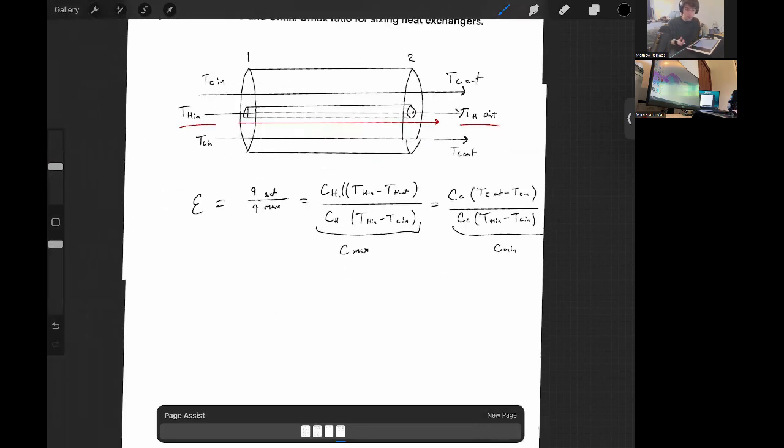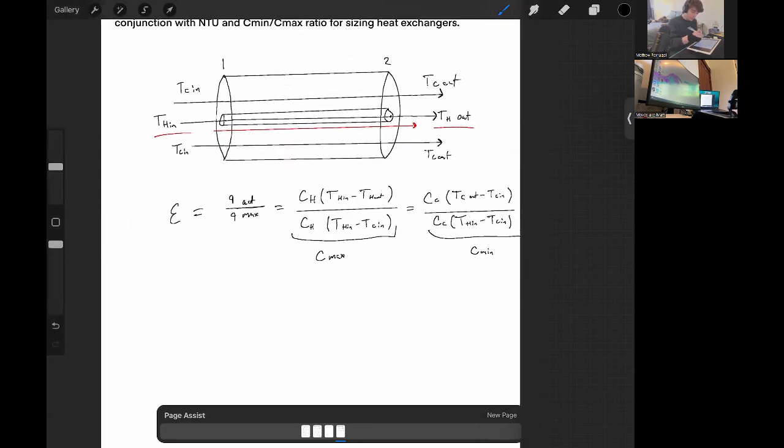The way this is related to NTU is, NTU as an equation is the overall heat transfer coefficient multiplied by the area of our system over C minimum.